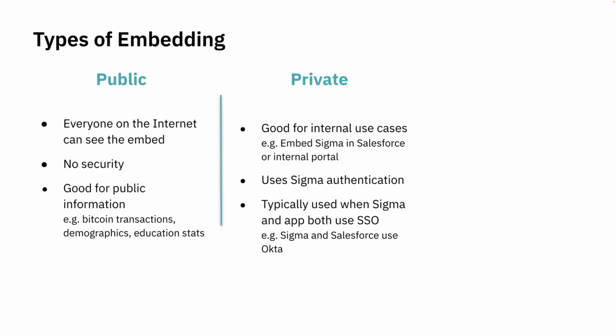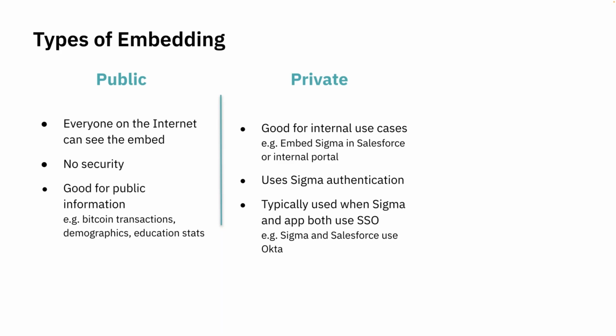And you would leverage the same exact authentication that you use. So if you have Salesforce and you're authenticating with, let's say, Okta for your single sign-on, then you would also have Sigma authenticating with the same single sign-on with Okta. So now Salesforce and Sigma are authenticating the same way.